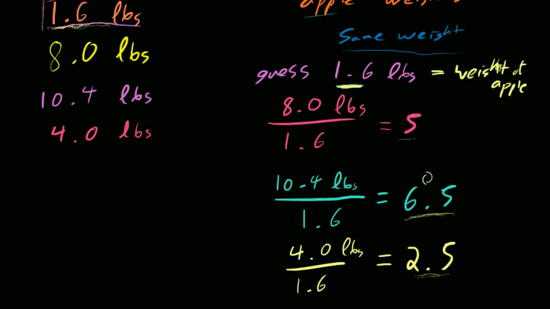So now let's think about this. Our ratios that we found so far were: first person would have picked 5, second person would have picked 6.5, and the fourth person would have picked 2.5 apples.